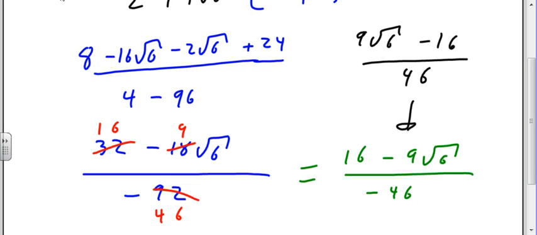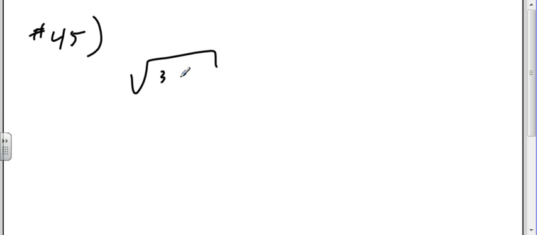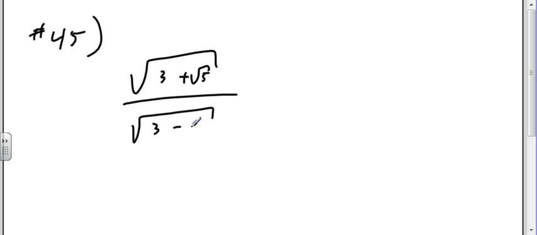Oh, 45. Looks like a pain, does it not? 45. Square root of 3 plus the square root of 5 divided by the square root of 3 minus the square root of 5. Okay, so we're going to multiply top and bottom by square root of 3 minus the square root of 5.